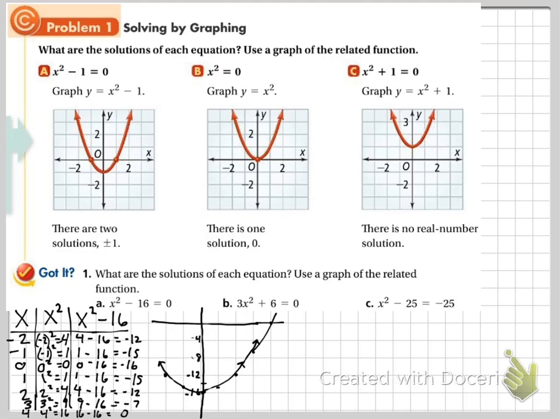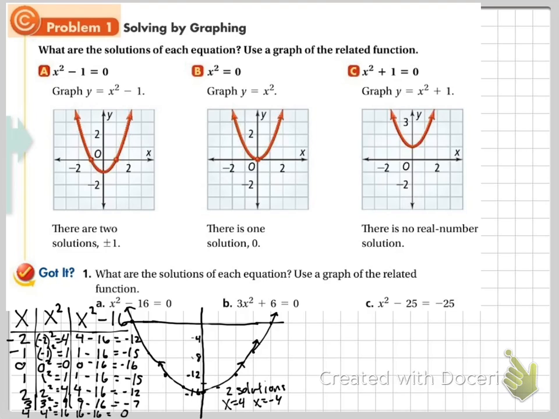There we go. Now we know where it crosses. And it would also cross over here. 3 would be at -7. At -4, we'd be at 0. So there's 2 solutions. X equals 4 and x equals -4.